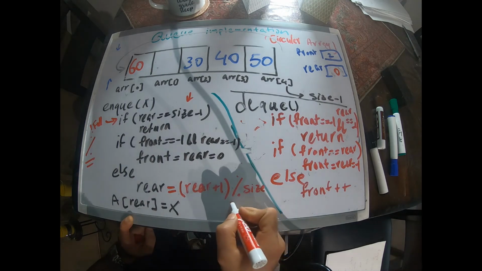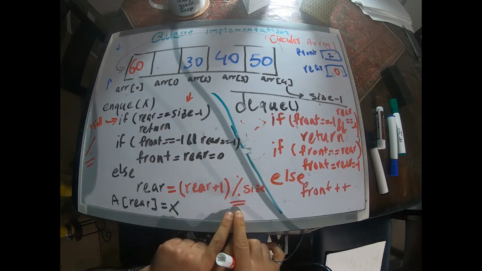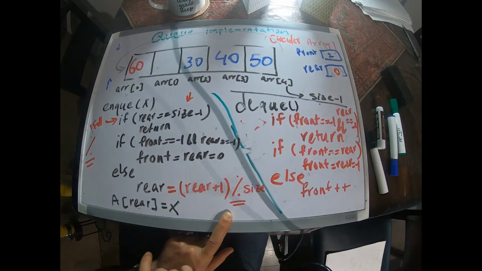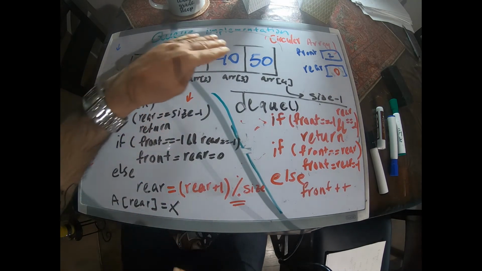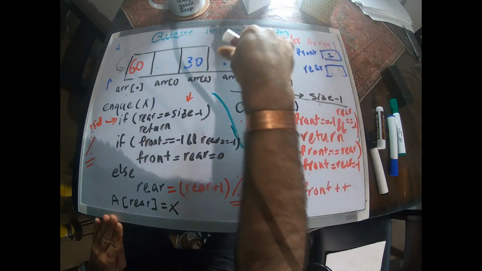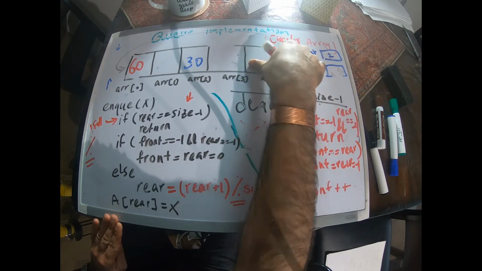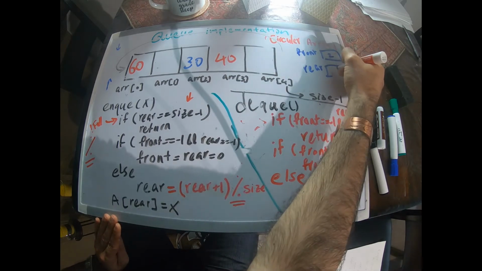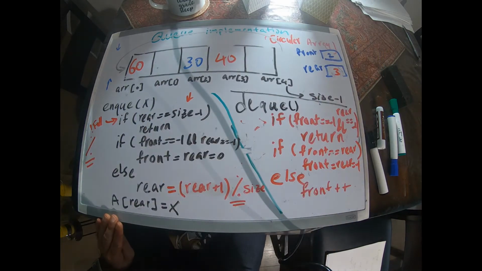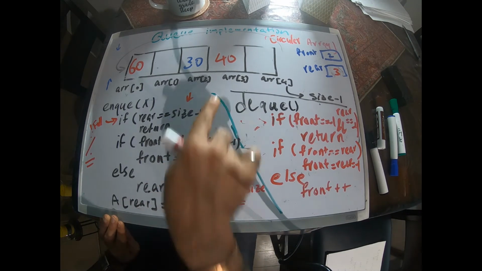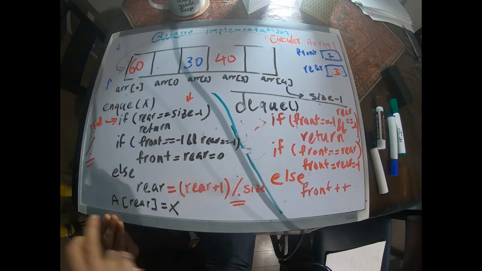Remember that this is only going to have meaningful effect when you get to the end of the array. Otherwise it doesn't matter. If we had front at 30 and rear at 40, this would be the same as rear plus plus, because once you increment 3, it's going to be 4.